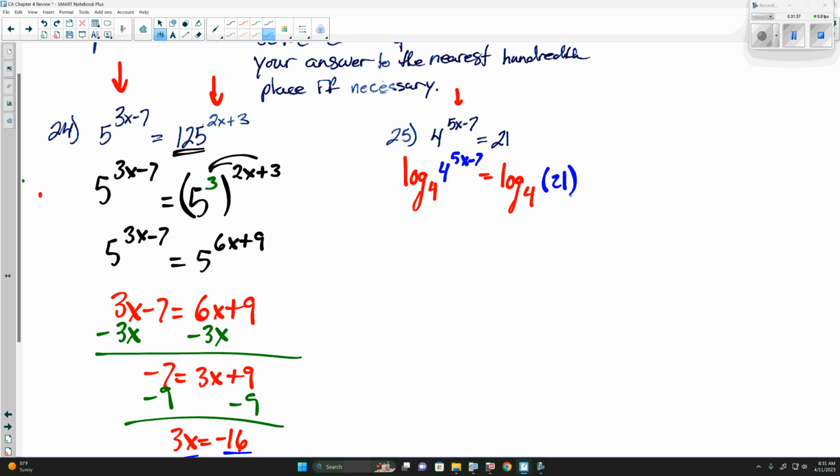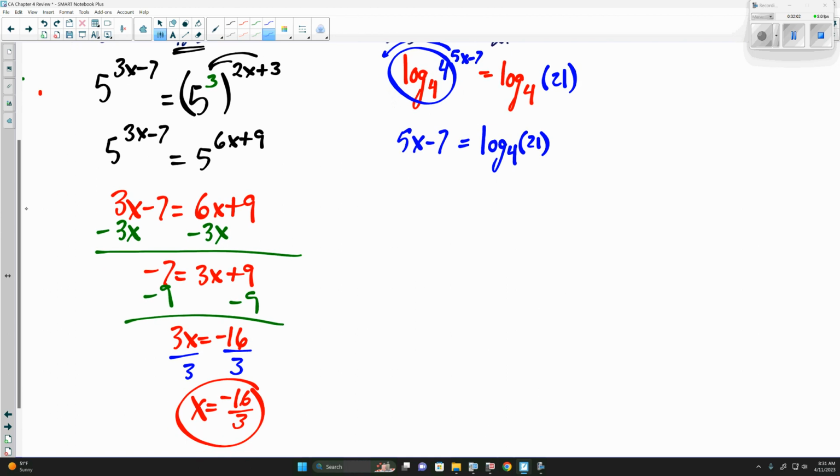And the reason we use this is because of this right here. Log base 4 of 4 is 1. And what we will do is move the exponent out front, just leaving us with 5x minus 7 is equal to log base 4 of 21.